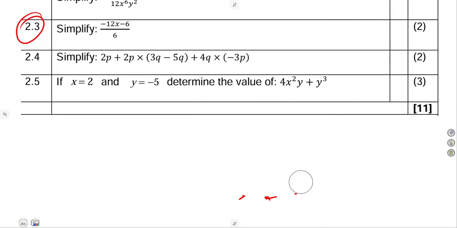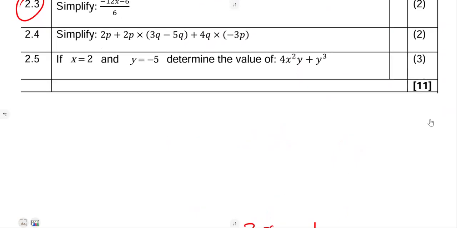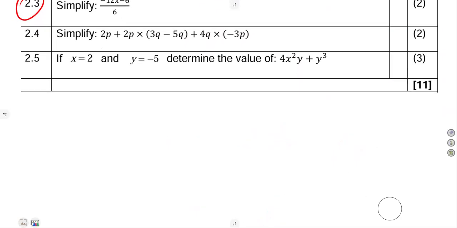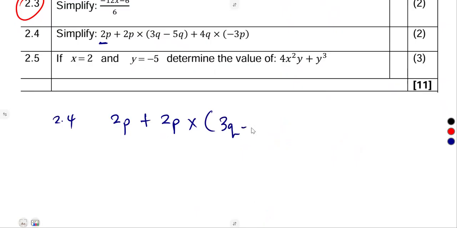Simplify again. There is addition, there are brackets, this and that. So let's see. 2.4: there is 2p, plus 2p times the bracket of 3q minus 5q, plus 4q times the bracket of minus 3p.